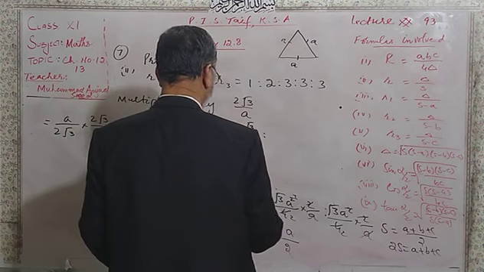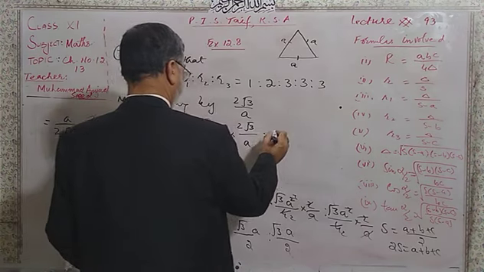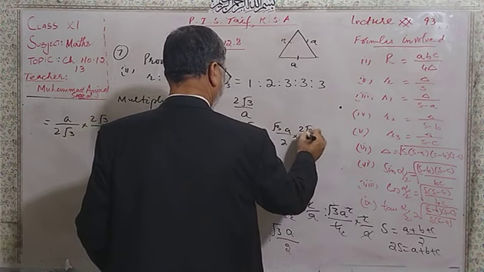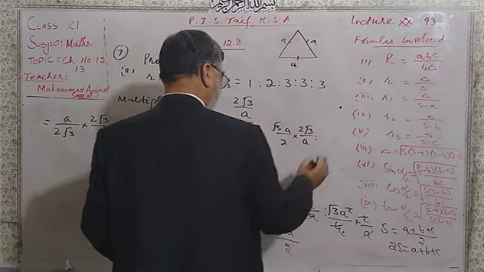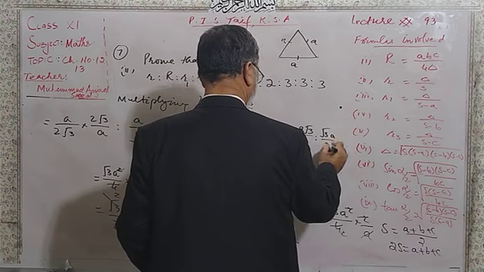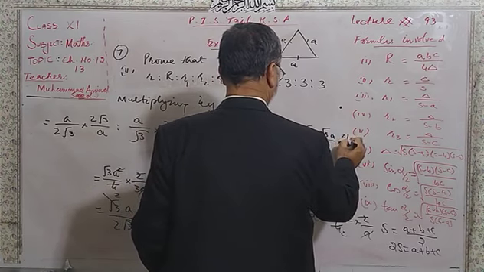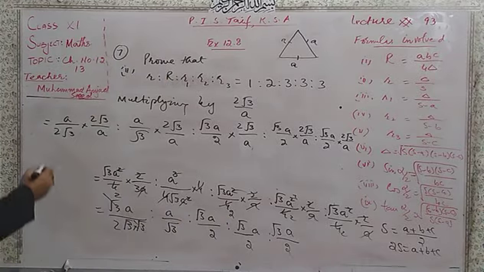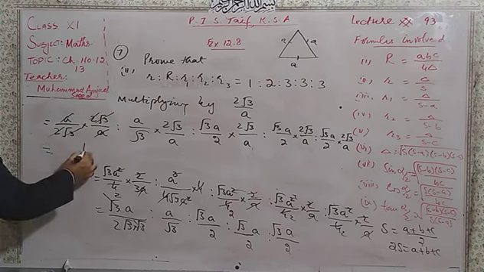Then root 3 A over 2 multiplied by 2 into root 3 over A. So dear students, you can check: A cancelled out, 2 cancelled out, root 3 cancelled out.